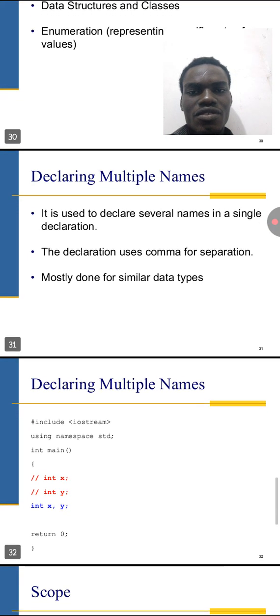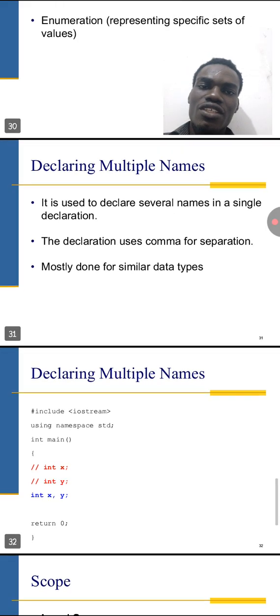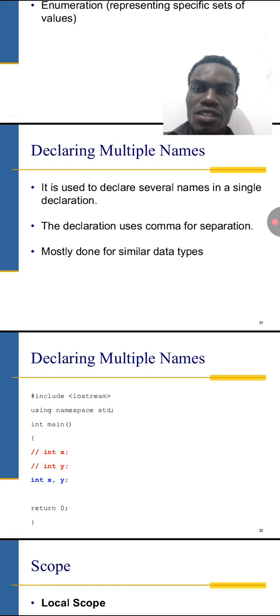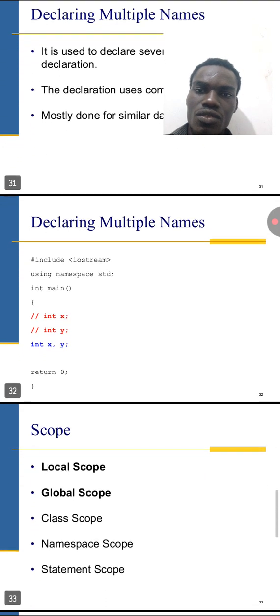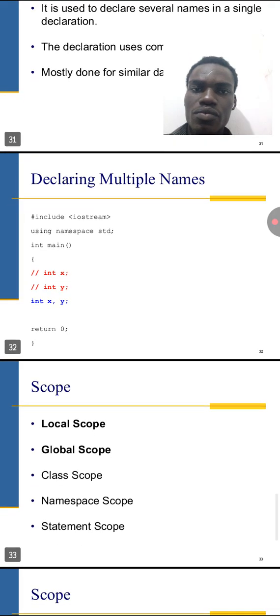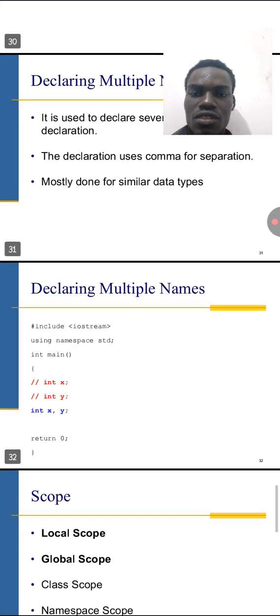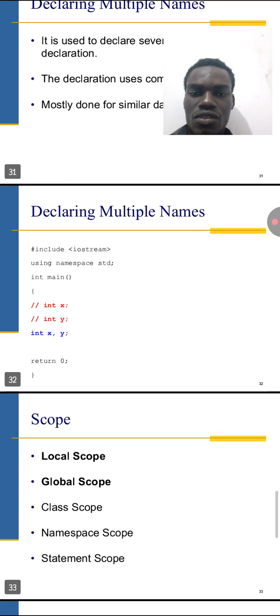Declaring multiple names. It is used to declare several names in a single declaration. The declaration uses a comma for separation, mostly done for similar data types. So when you are declaring multiple names, we can use the comma to separate them.